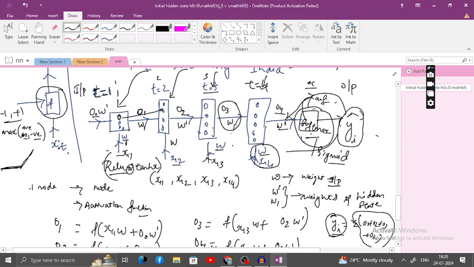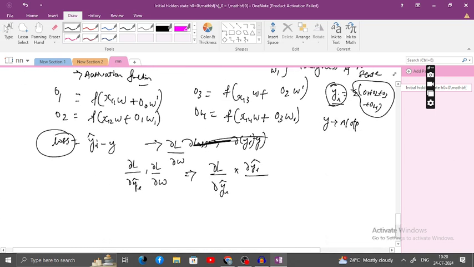It is also dependent on w. So now I will take one dou w. And similarly, I can write this weight.